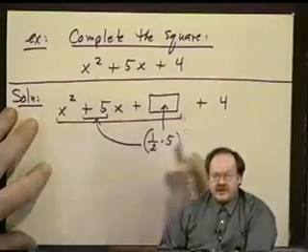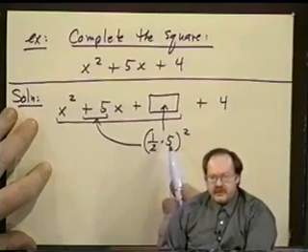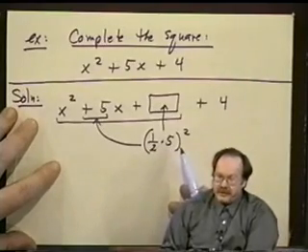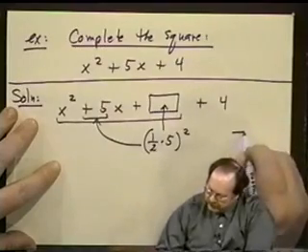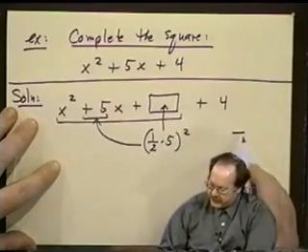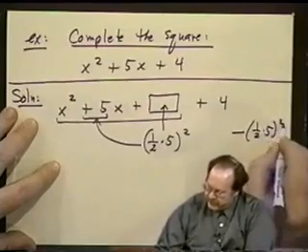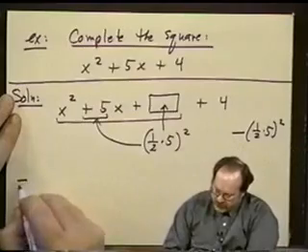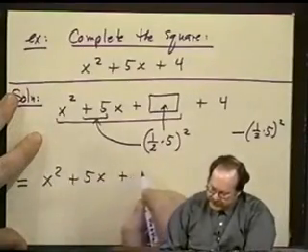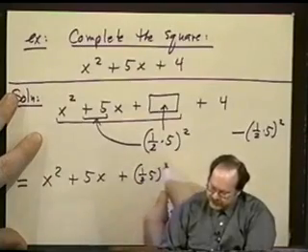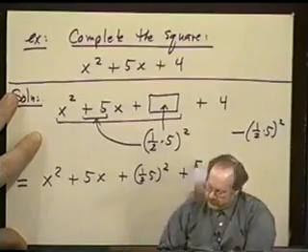Now, that has changed this expression. I've added something new. Well, if you add something new, you must compensate for it, otherwise you change the problem, by subtracting away that thing. So over here, I'll put it down here to remind you, I'm going to subtract away what I just added. So I'll subtract away (1/2 · 5)^2. Okay, what do I now have? I have x^2 + 5x + (1/2 · 5)^2. And then over here, I can simplify a little bit, but I won't do that just yet.